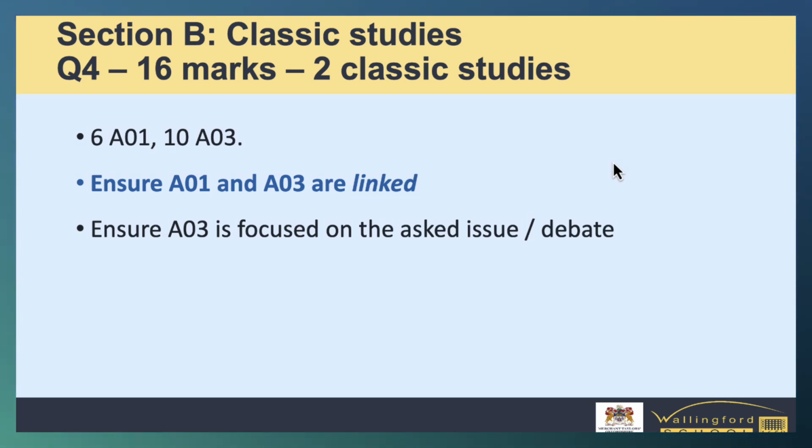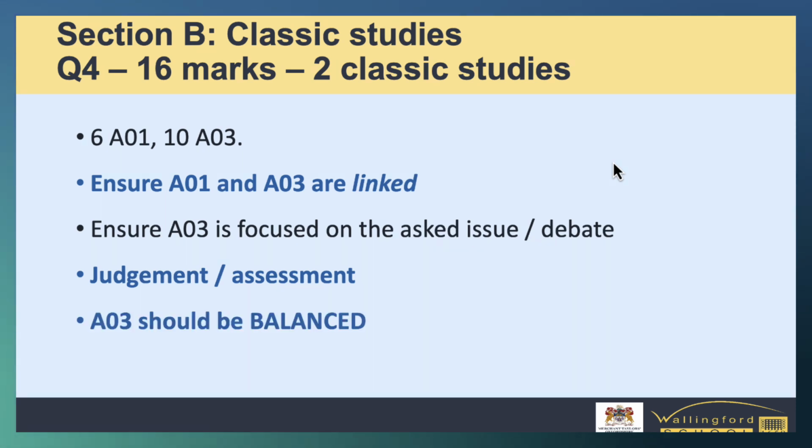When you get to the real thing, you'll obviously have to focus on all 11 issues and debates. You need to have judgment and assessment all the way through this essay. Your AO3 should be balanced, so there should be evidence, counter-evidence, argument, counter-argument.